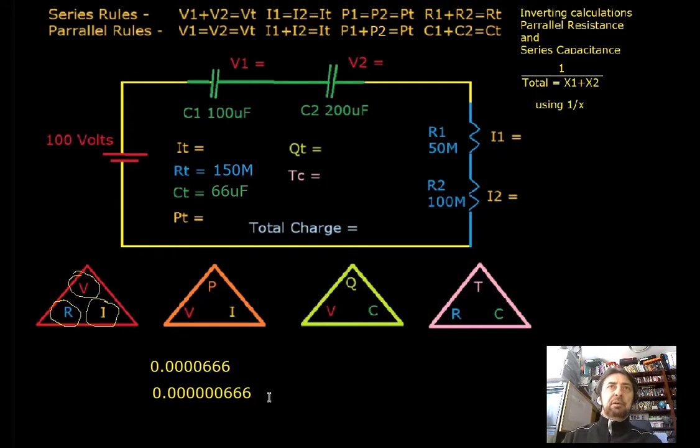So now we've got nano amps. That's the answer in this particular example, the total amount of amps. So let's write that in. Not a lot of current, but nonetheless, that's what the answer is.